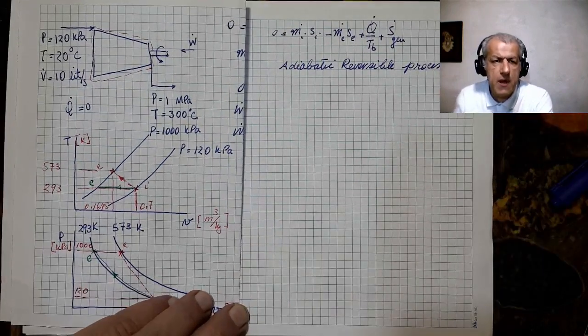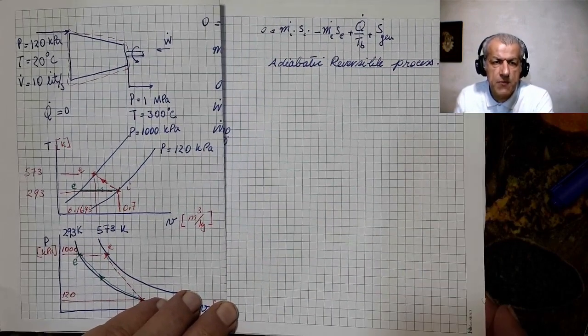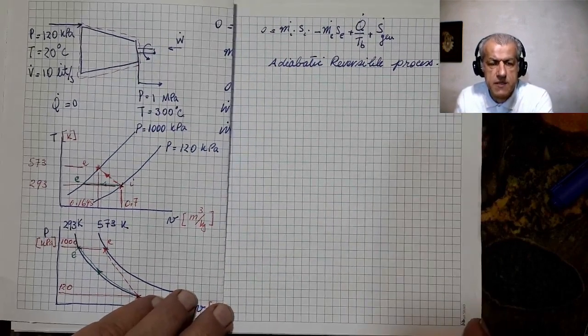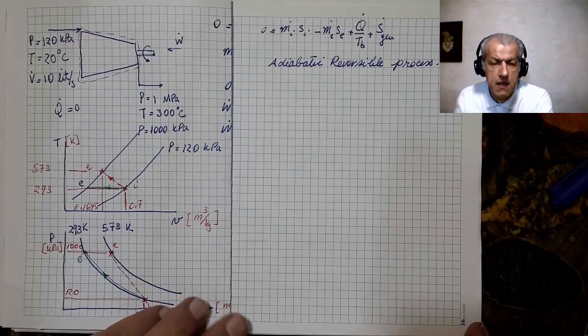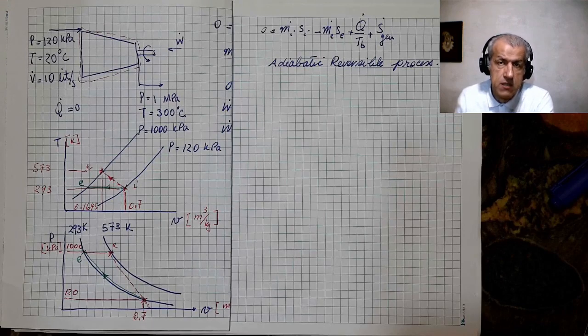You see, this process is a very key process. The reversible process is the one that is a reference process. It's a process that we can do all sorts of calculations for, and it's the reference, which is the boundary condition between the possible process and an impossible process.